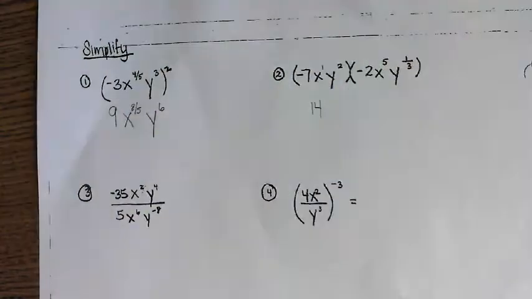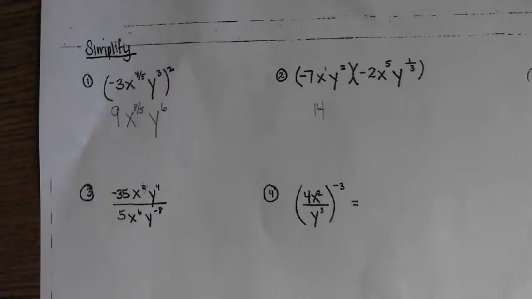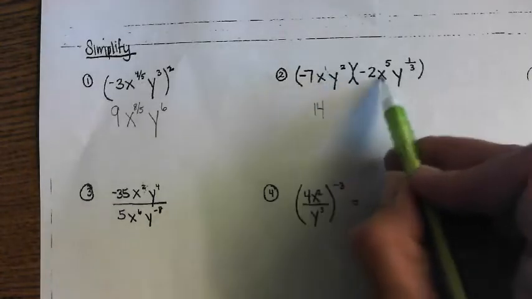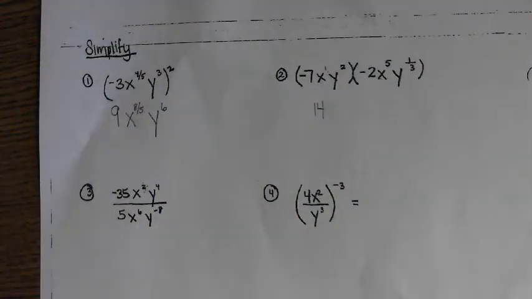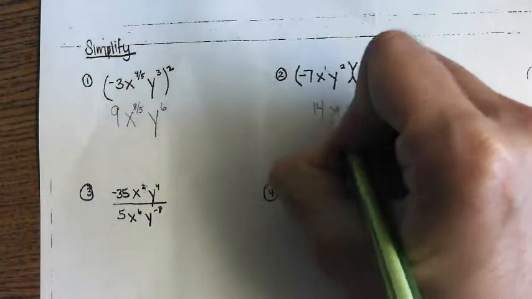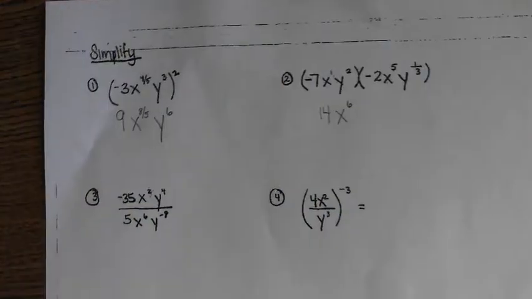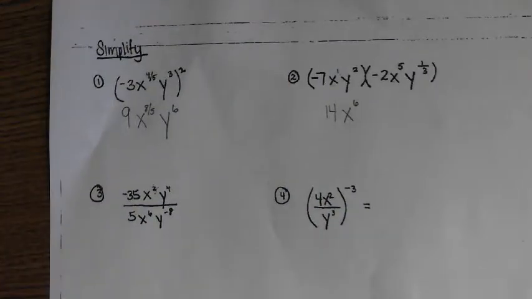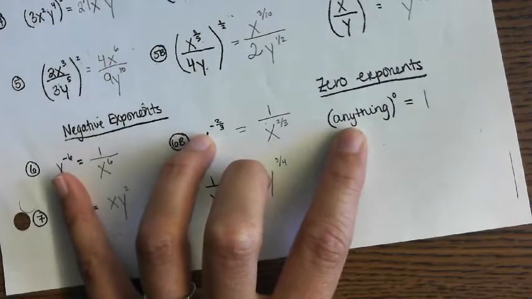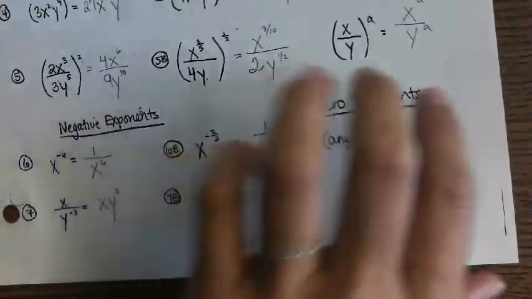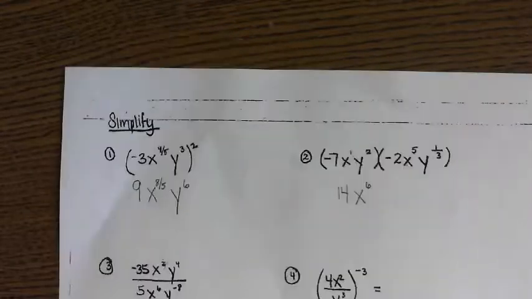So if that helps, can you tell me what it is now? X to the 1st times x to the 5th? Yeah. Yep. You treated it like it was a 0, right? Because you didn't see anything? Okay, so now we know. If it was a 0, if it was x to the 0, what would it be? It would be 1, and so you really wouldn't even be written there. Gotcha. Okay.